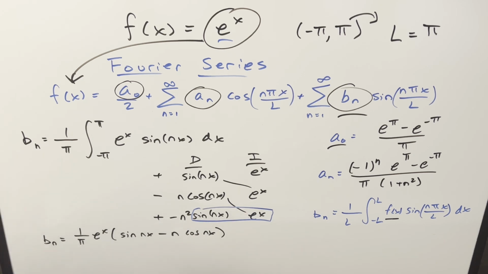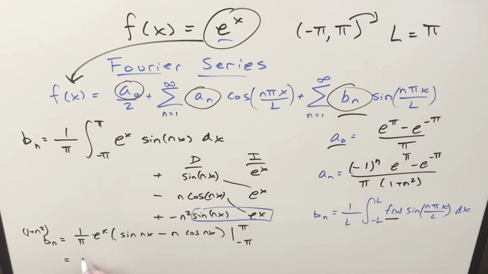We could put the pi, but it's just going to cancel. So what I can do is write this as minus n squared b sub n. And so why don't we just do this all together? Let's add this on the other side. So if I add n squared b sub n here, over here we're going to have 1 plus n squared on this. So I'll get rid of this, and we'll just evaluate this thing from minus pi to pi.